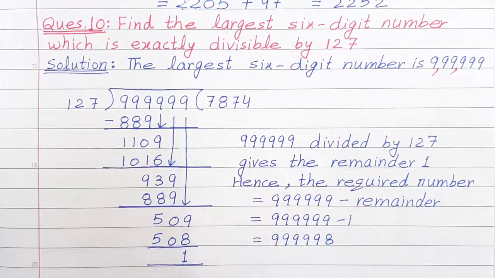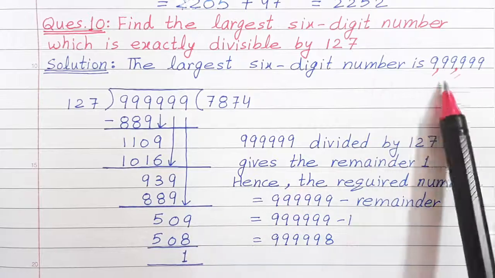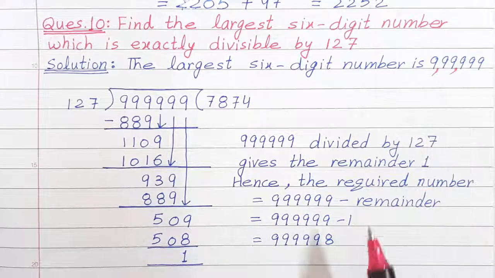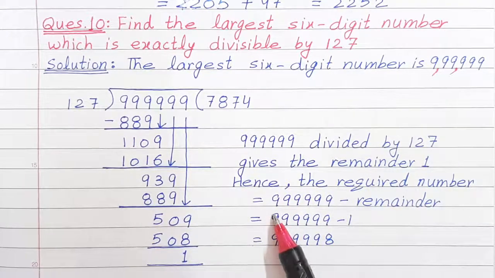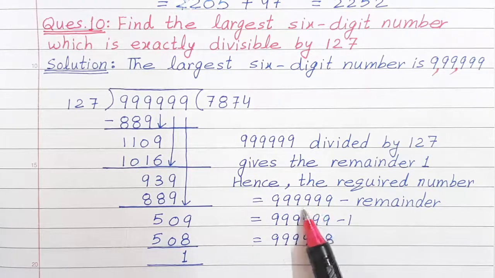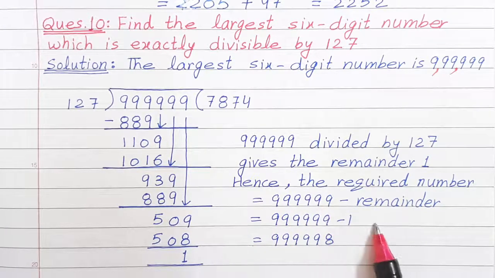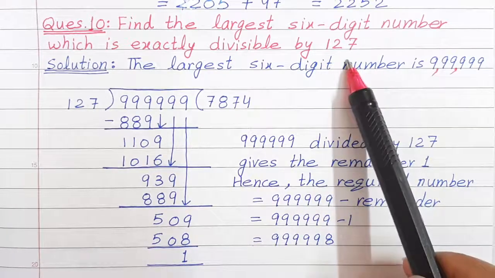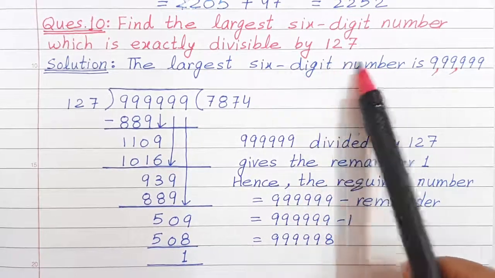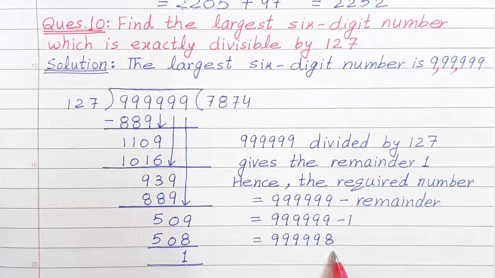We need to subtract the remainder from the given number. Right? That is from 9,99,999 minus 1. Now your answer is 9,99,998. So this is the number which is exactly divisible by 127. I hope you all have understood now.